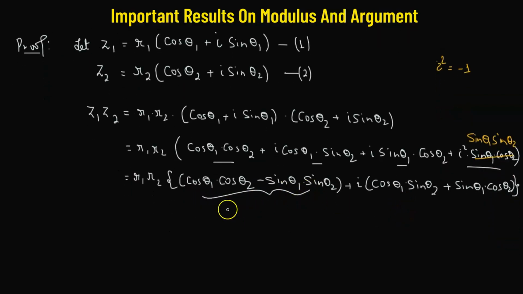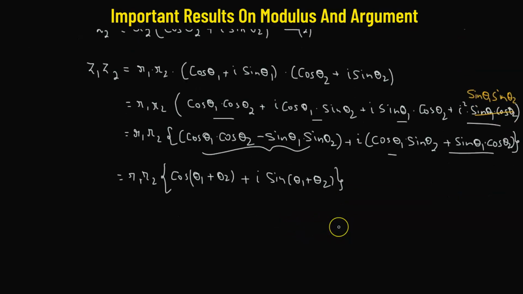So this is actually the expansion of cosine theta 1 plus theta 2. Whenever we have cosine theta 1 plus theta 2, its expansion will be cosine of theta 1 times cosine of theta 2 minus sine theta 1 times sine theta 2. This will be added to iota times, and this is the expansion of sine theta 1 plus theta 2.